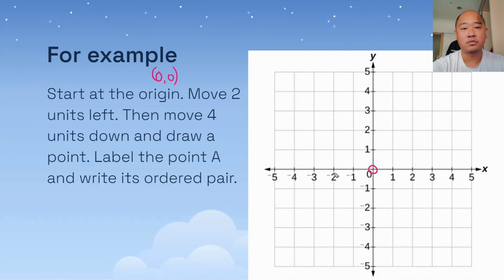That's just like moving 2 to the left on the number line. That goes to -2. And then 4 units down. This is right here. And label it A, and write its ordered pair. A is -2, -4. And there you have it.